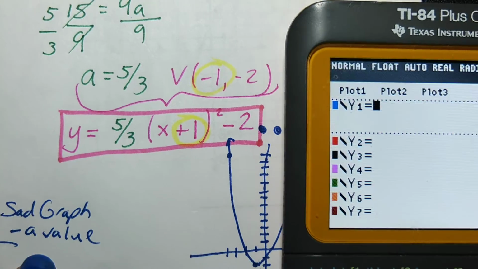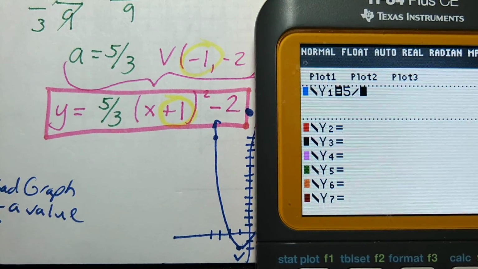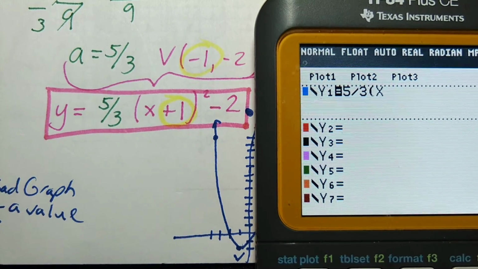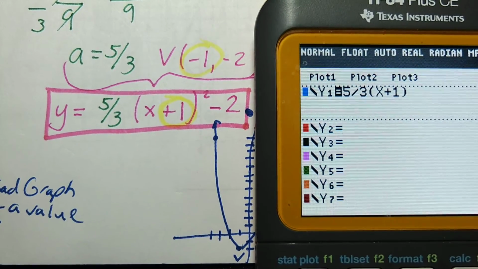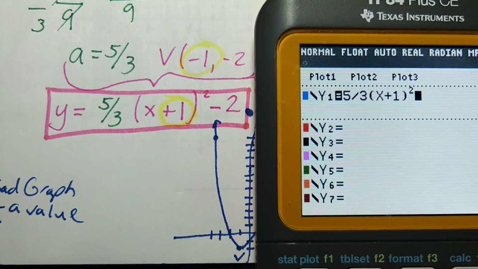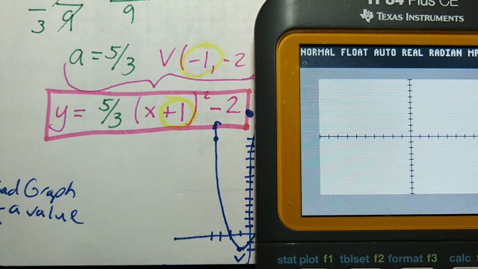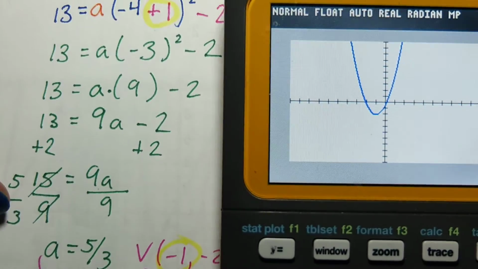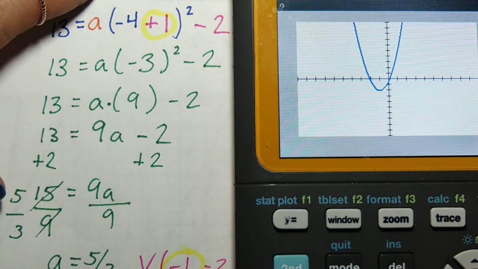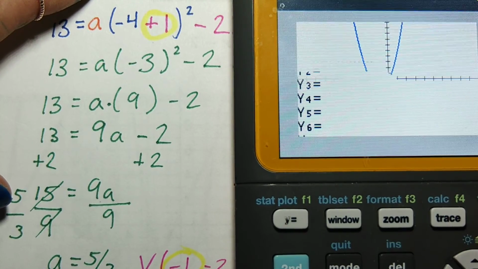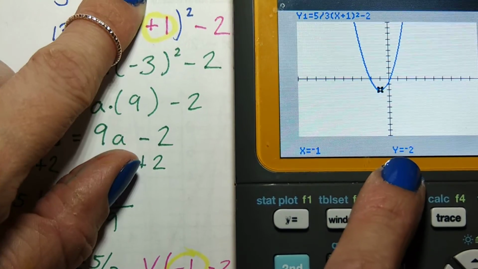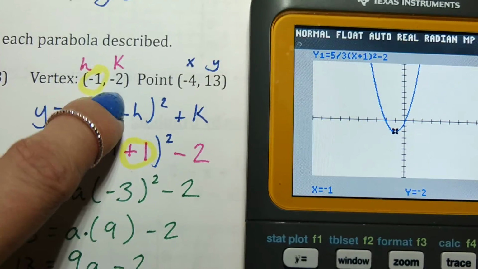So now, if I wanted to check myself, I can type 5 divided by 3 for the a value, (x plus 1) squared minus 2, and I can verify both of those points. I have to hit trace, and type -1, and we see -2, and that does indeed look like my vertex.